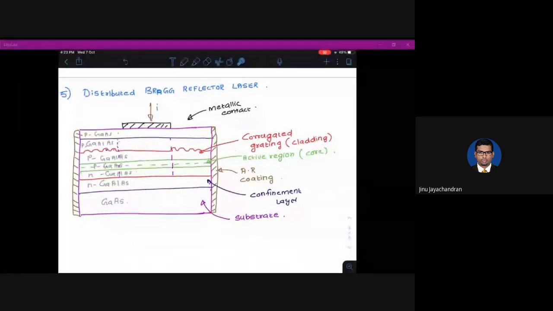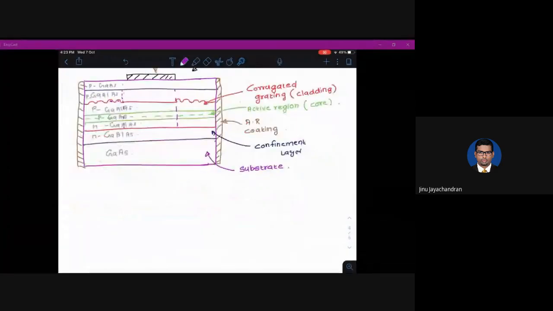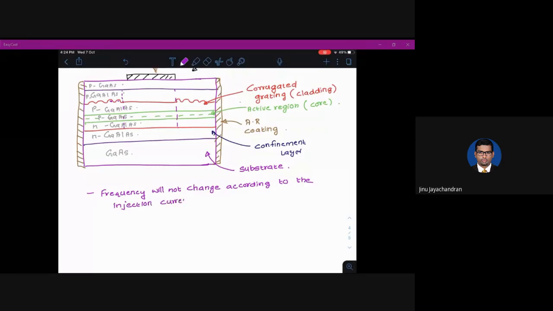Because of this, the frequency will not change according to the injection current, or you can say the frequency remains stable.